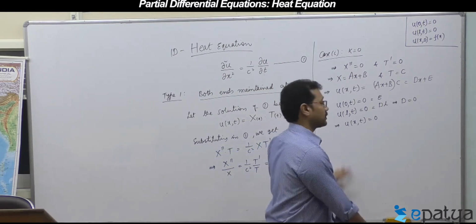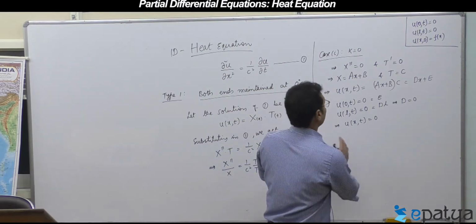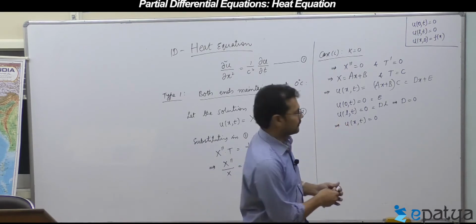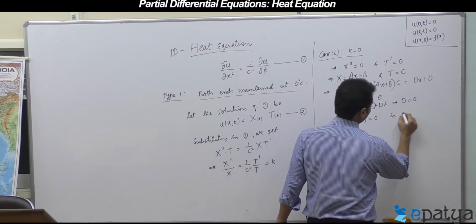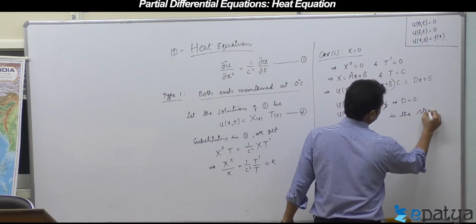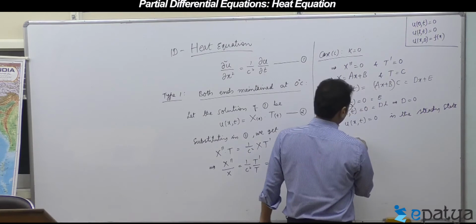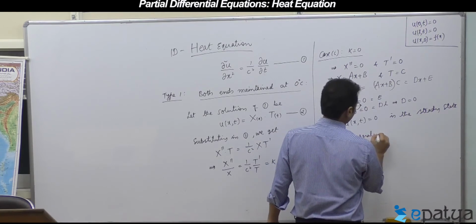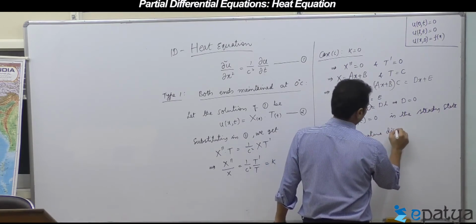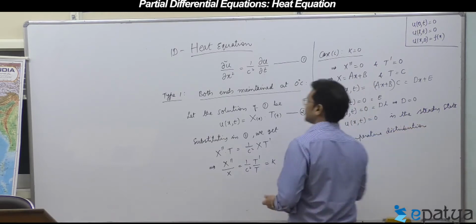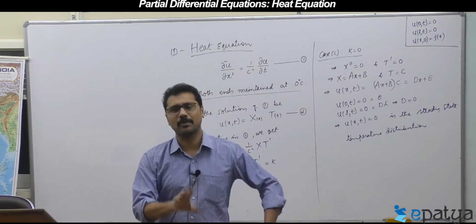That is what should happen in the transient state, which is not reflected here, but this actually is the steady state temperature distribution. And remember always one thing, the steady state temperature distribution always depends on boundary conditions only.